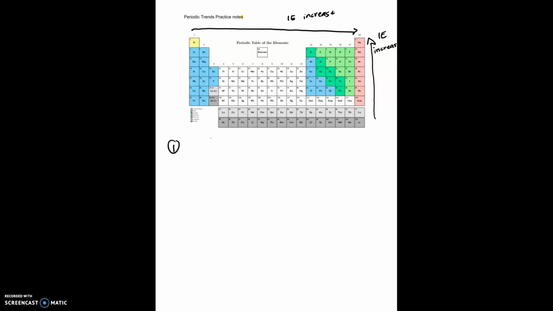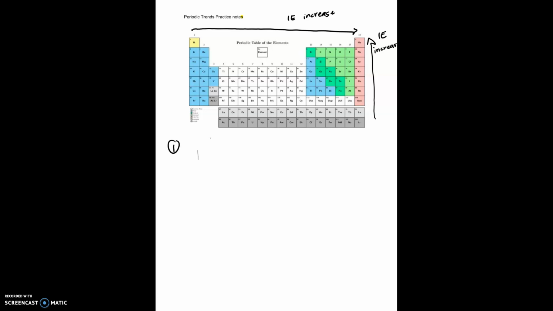The first practice problem asks us to put bromide, arsenic, gallium, calcium, potassium, and krypton in order from highest ionization energy to lowest ionization energy. So we are going to set up a spectrum here.